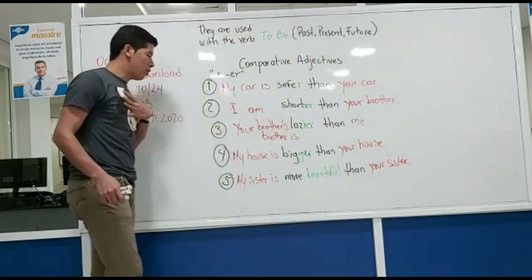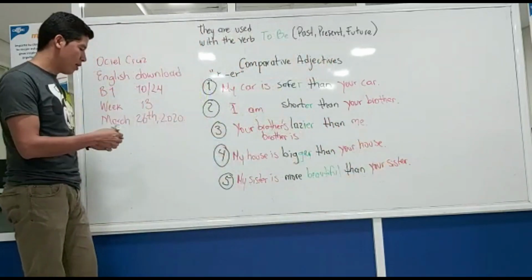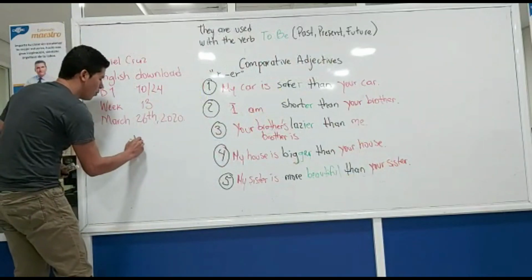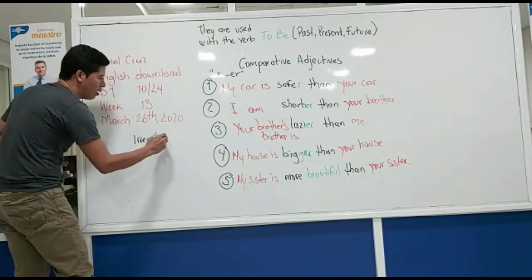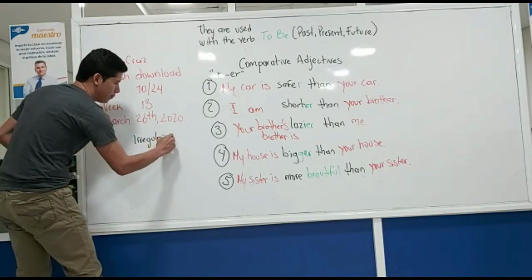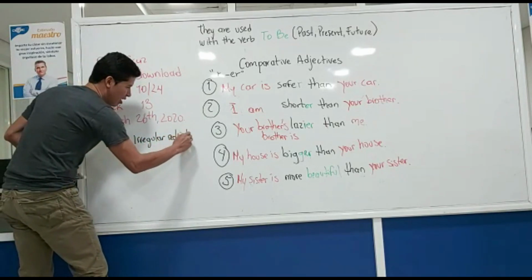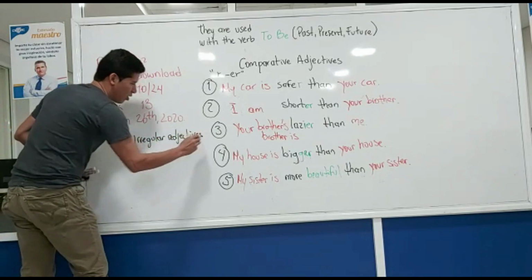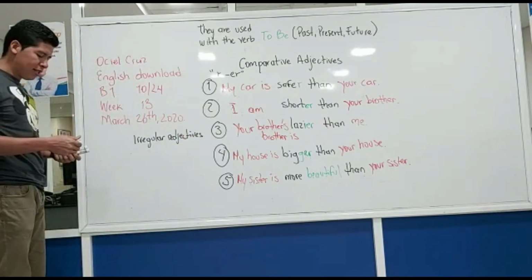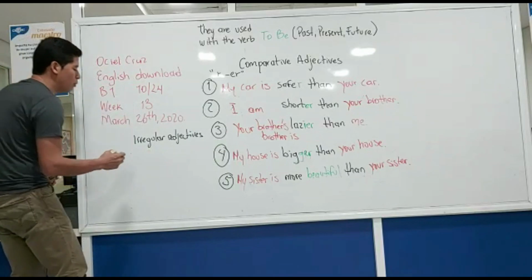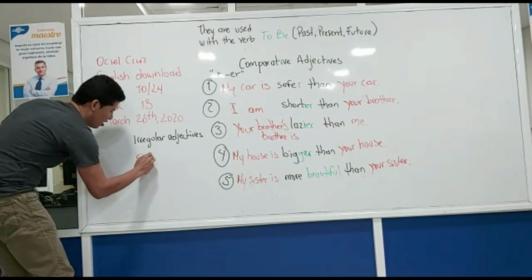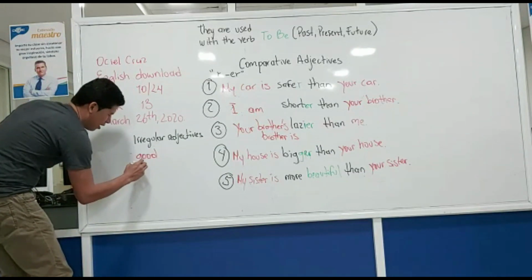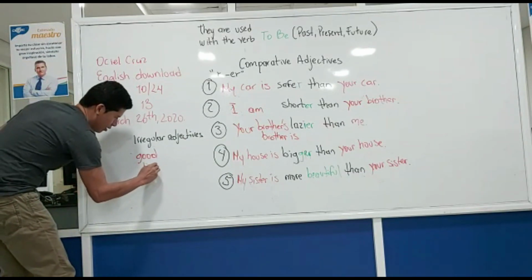Okay, we need another rule, and this is the last one. I use irregular adjectives. Okay, we know we have irregular adjectives. The most common are good and bad.